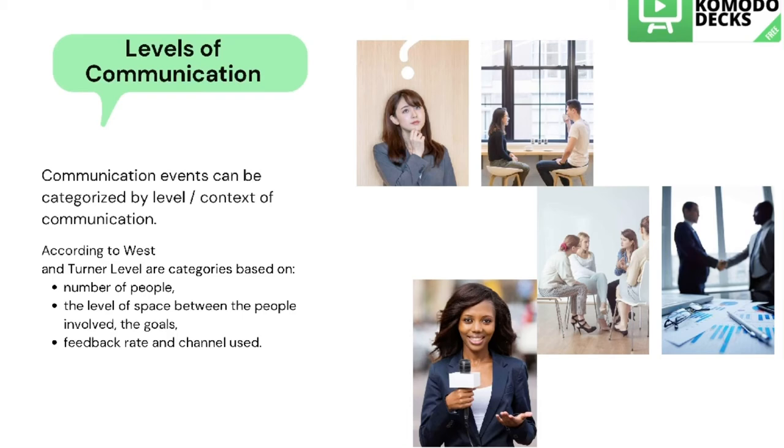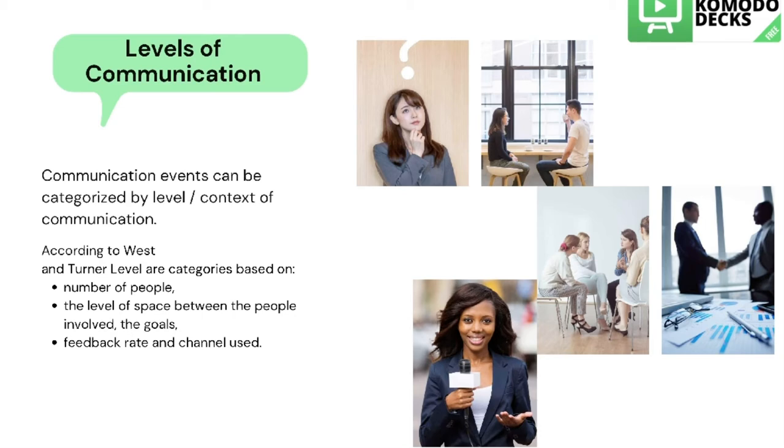Well, if you imagine the science of communication like a circle, then the circle is divided into 5 parts. The division is called a level. So a level of communication is a category. Well, what is the division based on?